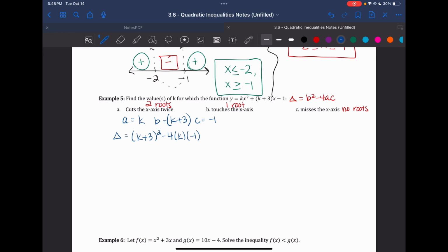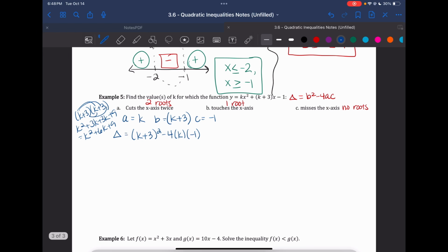You're going to have to go off to the side maybe and do a little bit of foiling work. So k plus 3, you distribute: k squared plus 3k plus 3k plus 9. Which is k squared plus 6k plus 9.